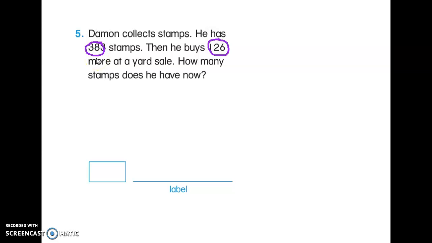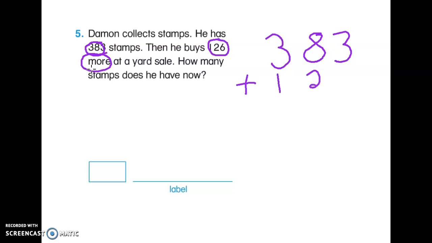Those are my numbers, and there's this lovely word more that I'm also going to circle because it helps tell me if I'm going to add or subtract. So he has 383, and then he buys 126 more. That tells me that I'm going to add 126.